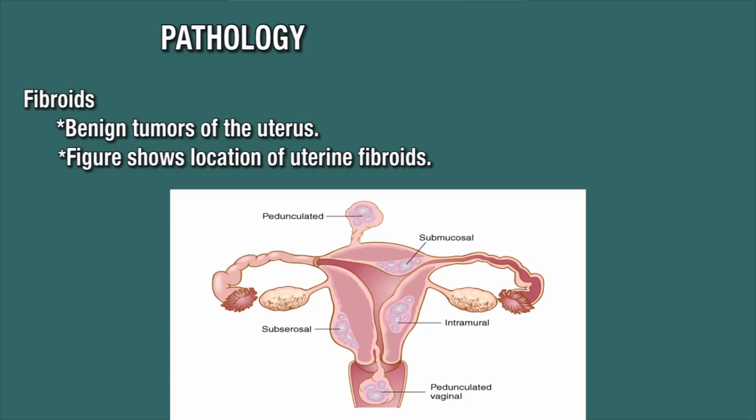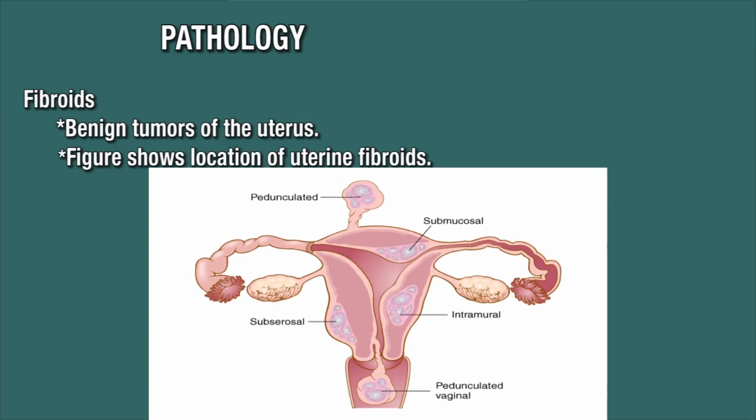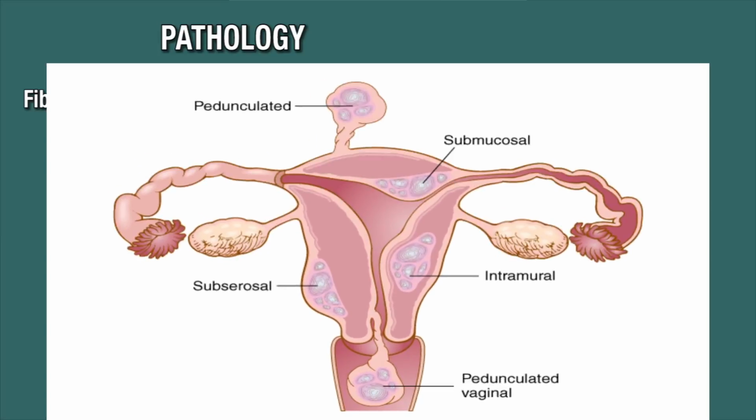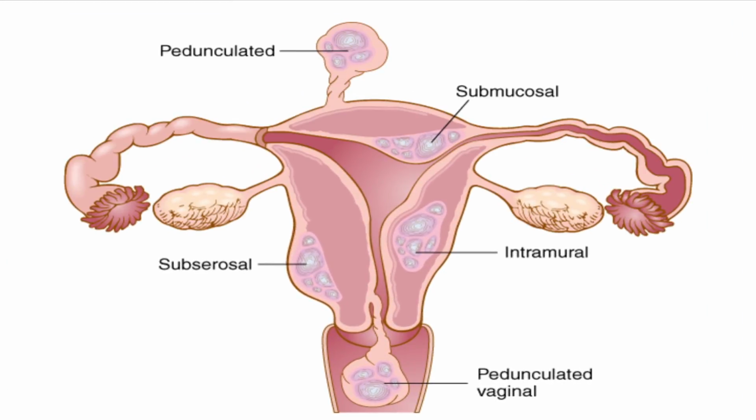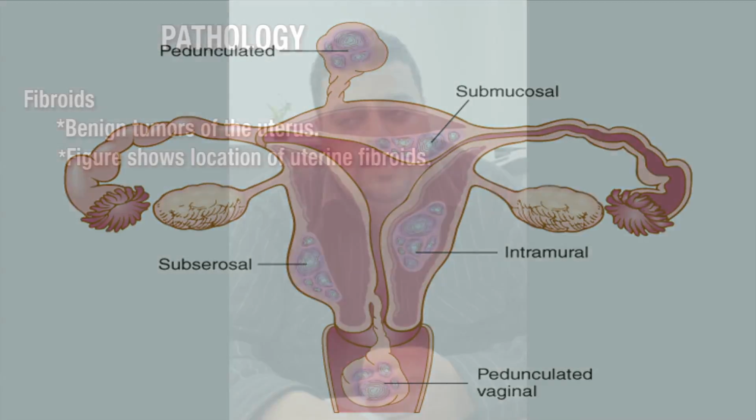Fibroids is something very common. That's a benign tumor of the uterus, and there are images in your textbook that show you where fibroids are located and how they look. Breast cancer, or carcinoma of the breast, fibrocystic disease, and other pathology-associated gynecological conditions in the female reproductive system.